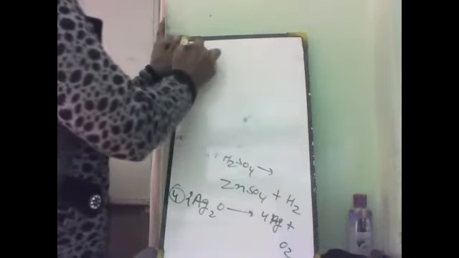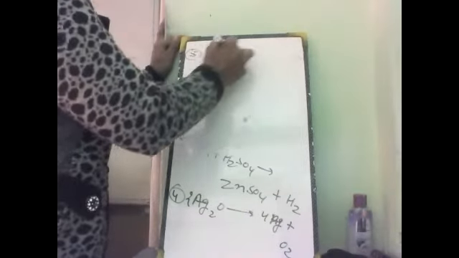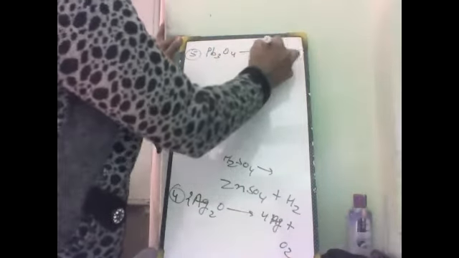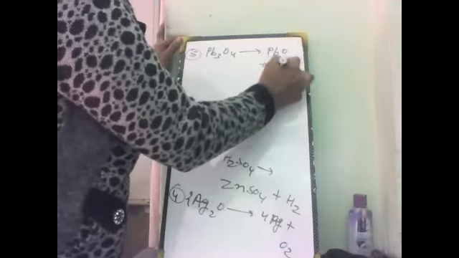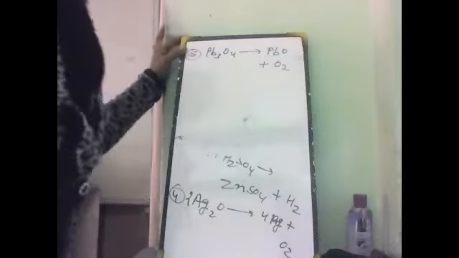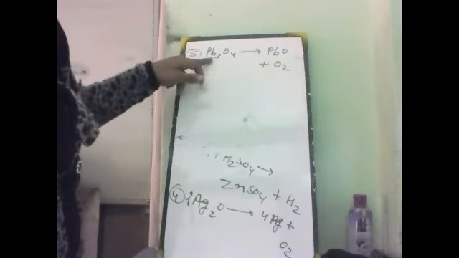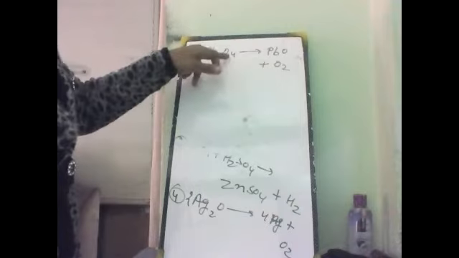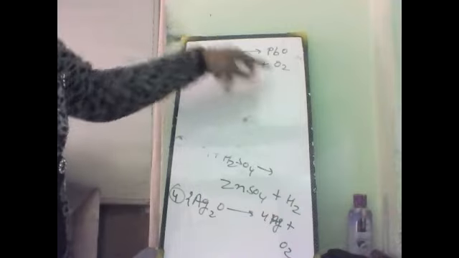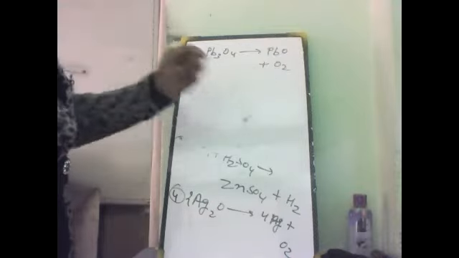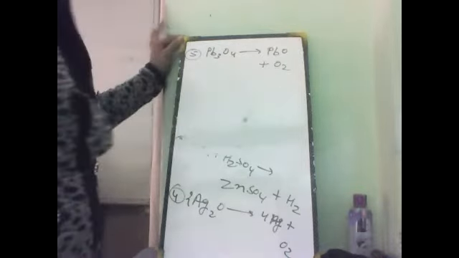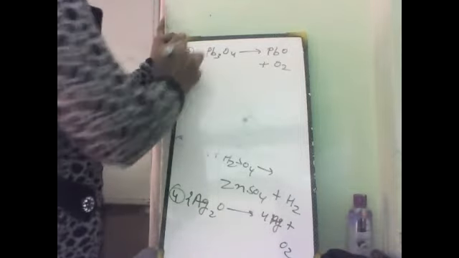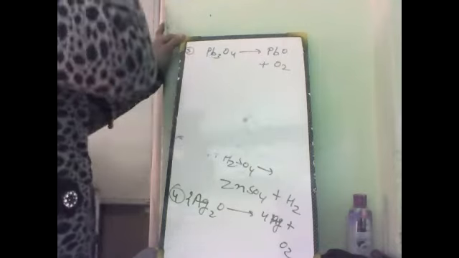Fifth, on heating, it forms PbO and O2. We have to balance it. The number of lead atoms is 3 here and 1 there. The number of oxygen is 4 here and 3 there.